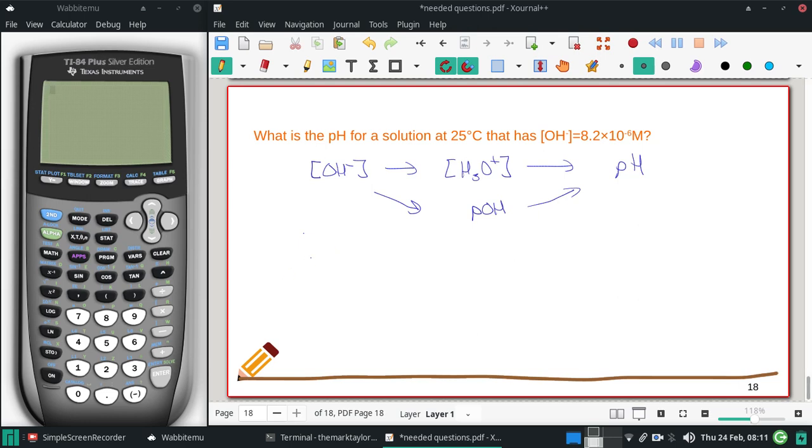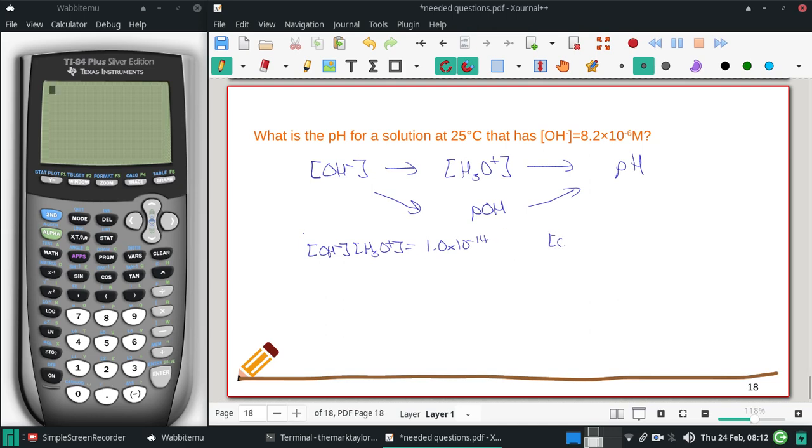If I wanted to go that top route, I'm going to rely on the fact that OH minus and H3O plus concentrations multiplied always equal the Kw, which is 1.0 times 10 to the negative 14th.